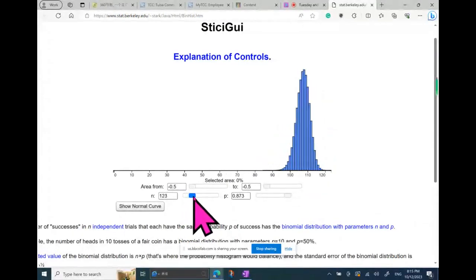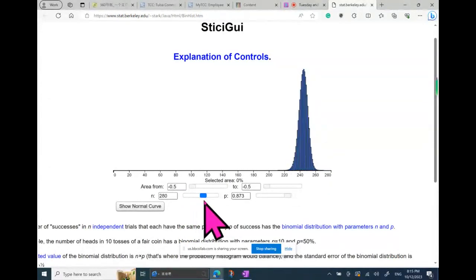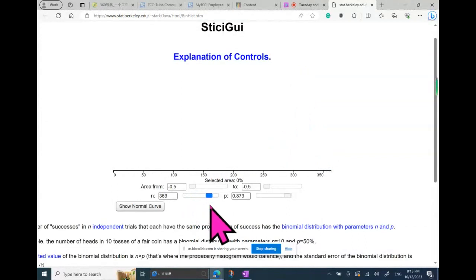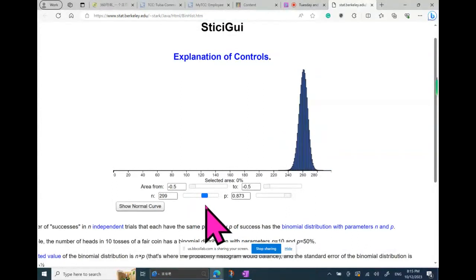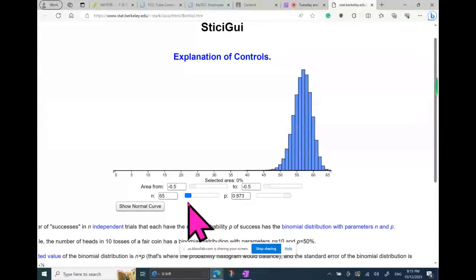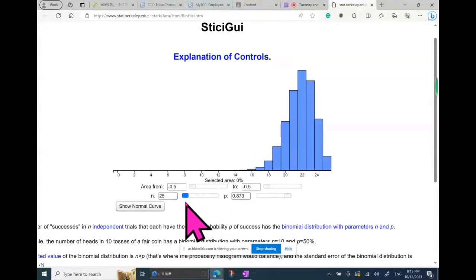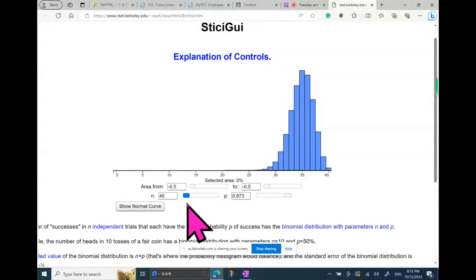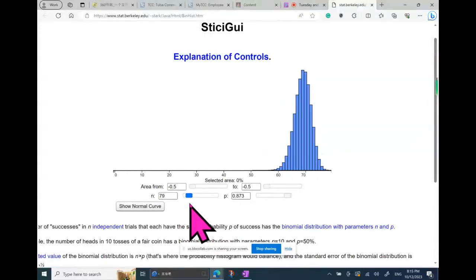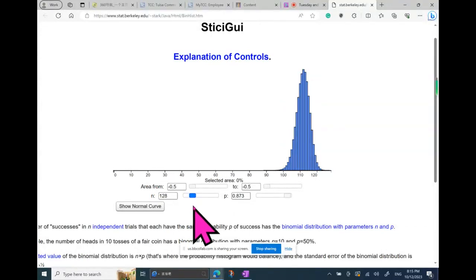Yes, exactly. But if we make n very large, as you can see, from a certain point, the longer left tail becomes shorter and shorter, and the symmetry is more and more obvious, right?